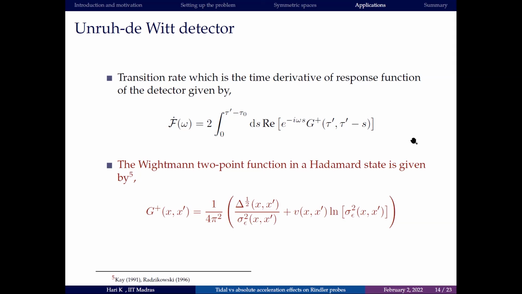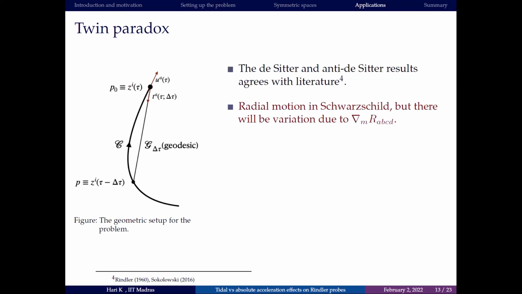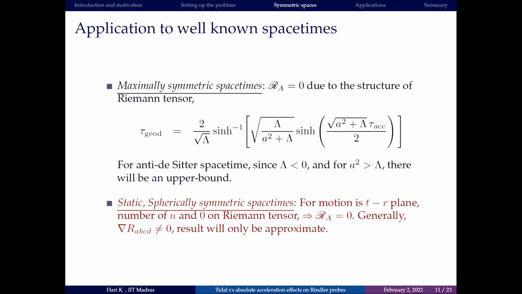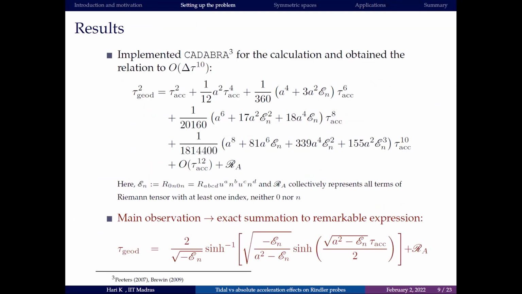Amitav, you have a question? Please go ahead. So Hari, you presented this resummed formula in terms of the square root. My question is, the first main equation is based on these Riemann normal coordinates which are set up at point P0. Yes. And the assumption is that both the geodesic trajectory and the accelerated trajectory are within these Riemann normal coordinates.